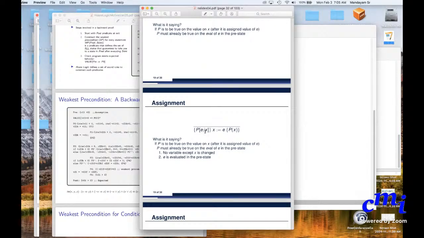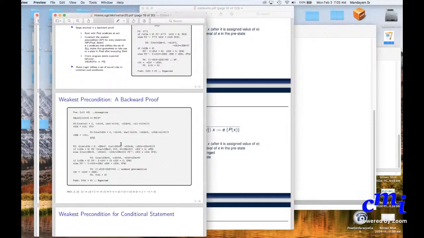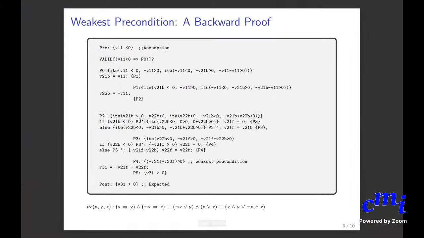That characterizes the set of all values which guarantee that P(x) will be true after the assignment, and that's what the weakest precondition rule is. That's another variation of how you could make proofs, and that's what I intended to show here.